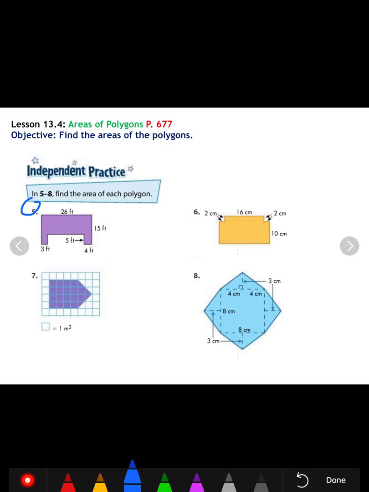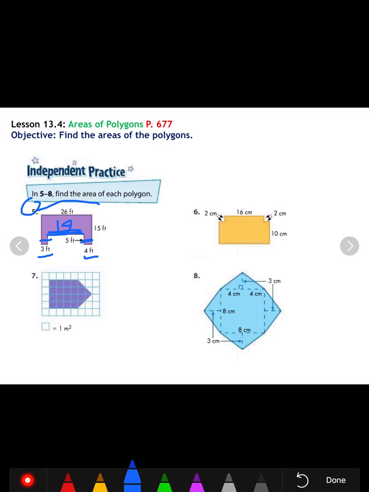Something very important here: when we have this 26 and this 4 and this 3, this one is the remaining from 26. When you subtract 4 and 3, that is 7. So 26 minus 7 equals 19. So this will be 19, for example.